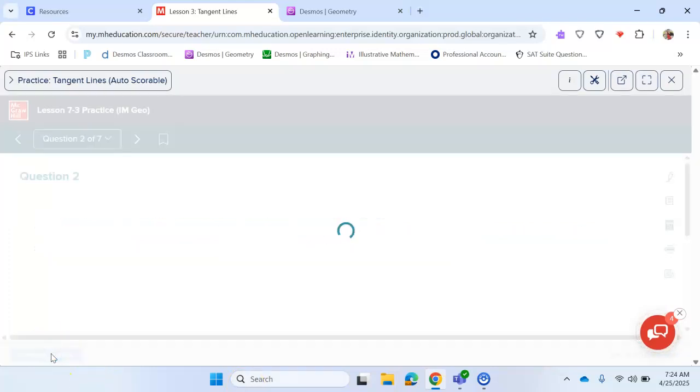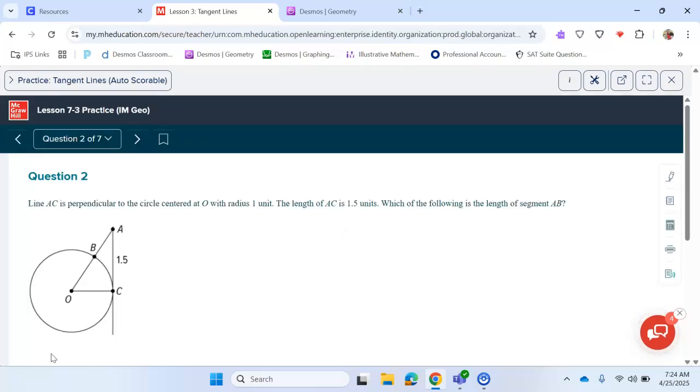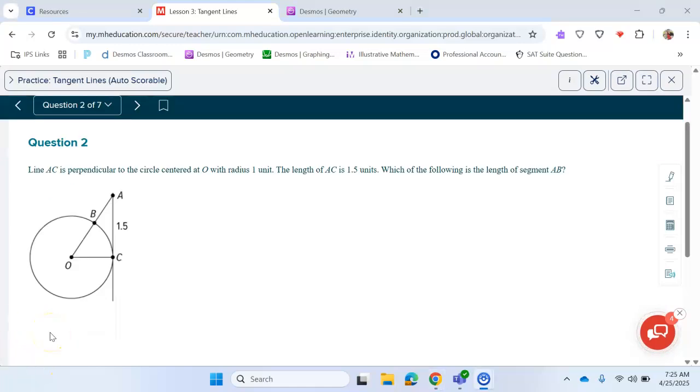Question 2. Line AC is perpendicular to the circle centered at O with radius 1 unit. The length of AC is 1.5 units. Which of the following is the length of segment AB? To find segment AB, we're going to find the measure of the hypotenuse of this right triangle and subtract the radius.